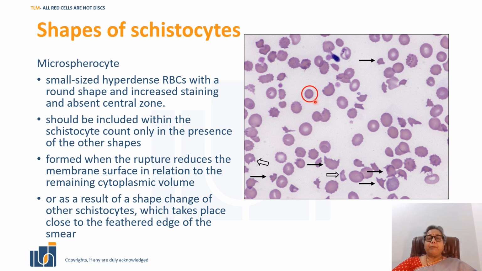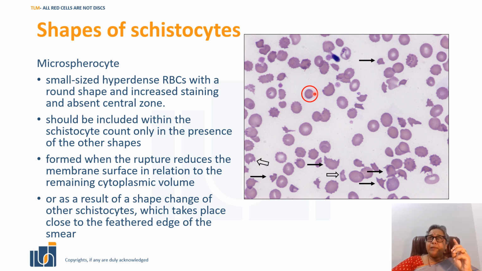It's formed when the rupture reduces the membrane surface in relation to the cytoplasmic volume. So there is a discrepancy between the surface and the volume, and so the cell shrinks and becomes a small and hyperdense cell. It can also result from a shape change of other schistocytes, which takes place as you move towards the feather edge.